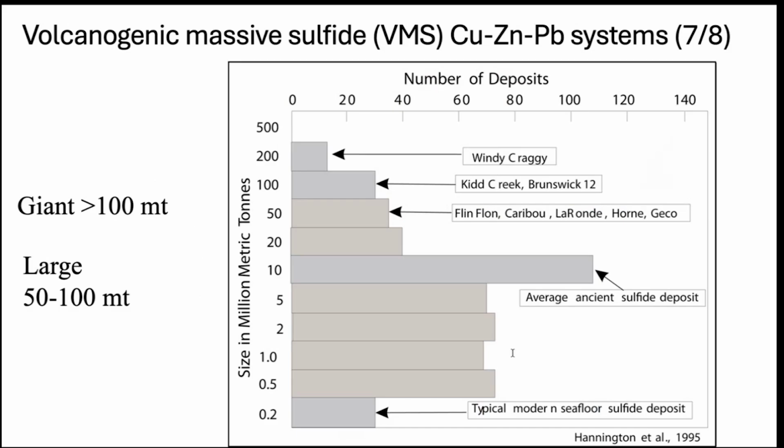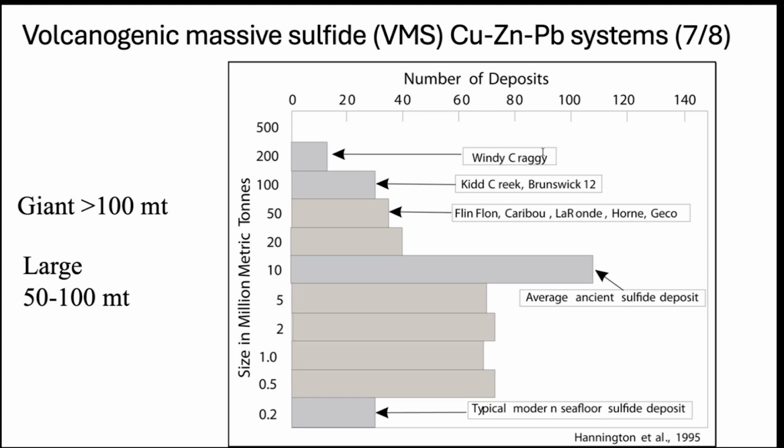So this is a chart of the size of VMS deposits in millions of metric tons, and then the numbers of deposits. And you can see it's very skewed to smaller deposits. The largest ones are in the range of a few hundred million tons. What's indicated on there is Windy Craggy. Windy Craggy's in Canada. It's a giant copper-rich and cobalt-rich VMS.